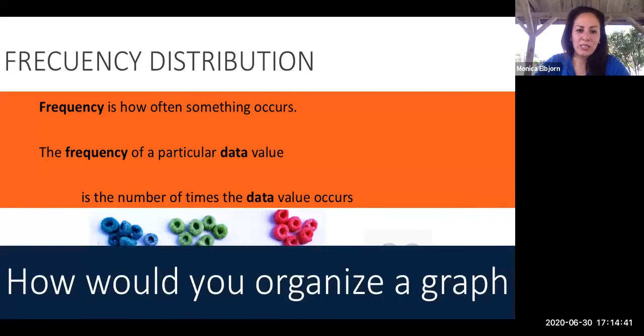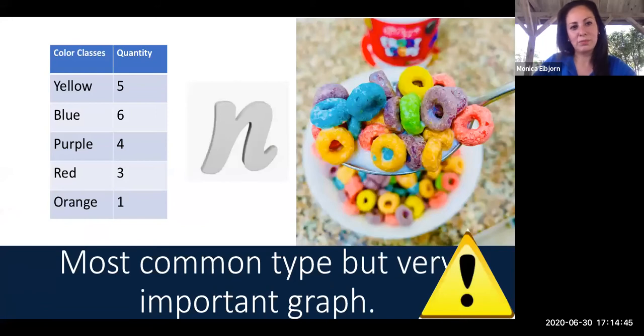Usually you will do a table just like this, where you put the colors, our classes, and how many times each occurs. It could be a type of group, or it could be just a characteristic. In this case, we use the colors.